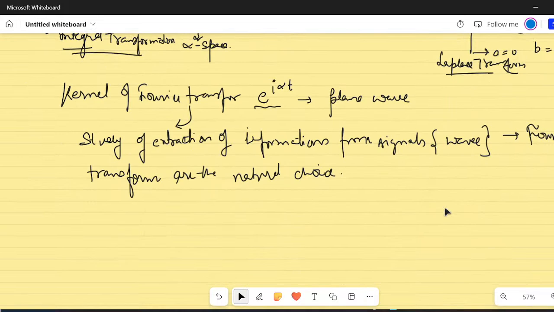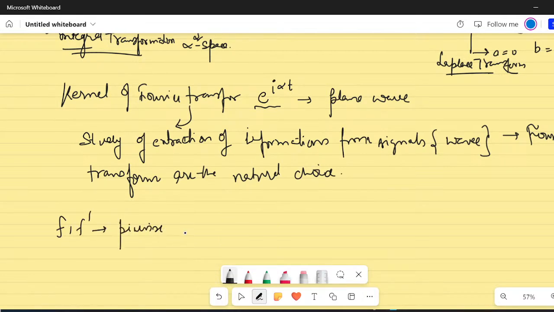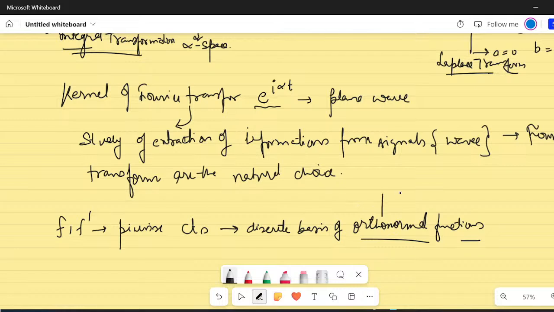So what happens is that if my function f is periodic, and f dash, they are piecewise continuous functions, then they can be written in the discrete basis of orthonormal functions. And these form something called a Fourier series.